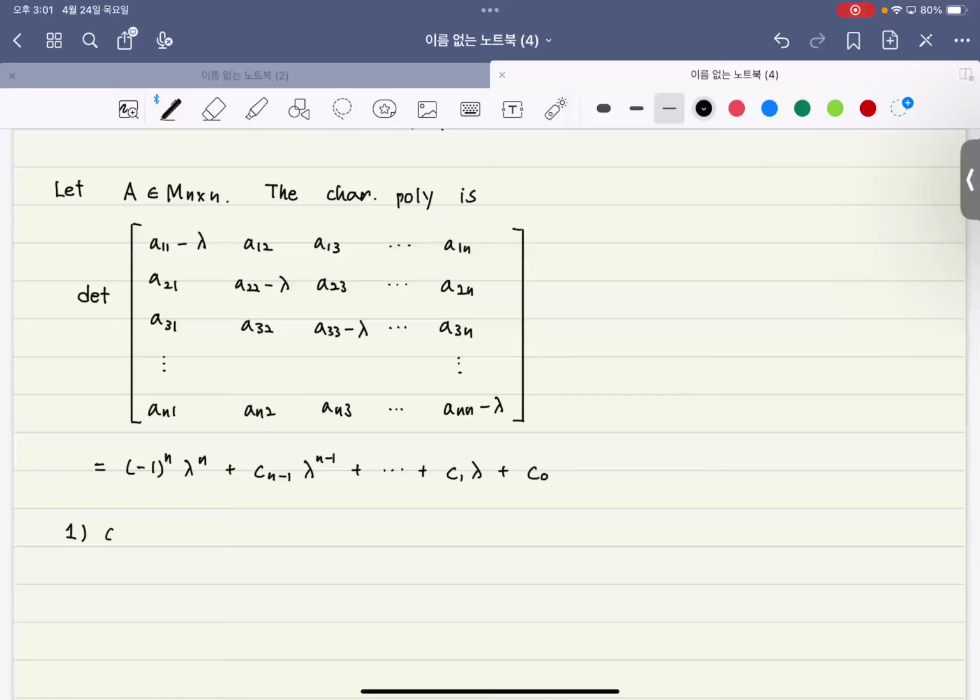And number one, C_{n-1} is minus 1 to the n minus 1 times a11 plus a22 plus ... plus ann. So what is this? This is simply the sum of all diagonal entries of the matrix A.